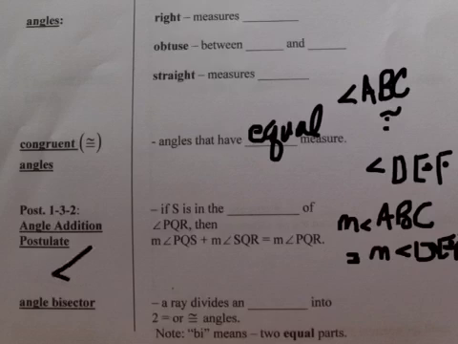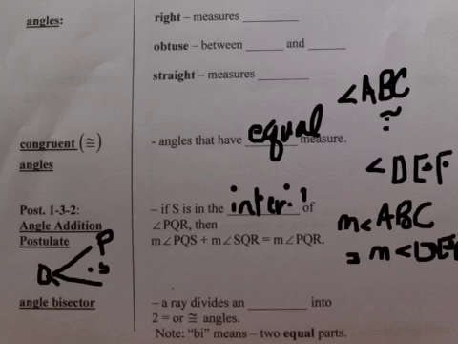All right, so now if we look down at the angle addition postulate, it says that if you've got an angle and a point in the interior, the word that goes in this blank is interior. Let's say this is point S, and I've got angle PQR. I draw a ray, and on that red ray, if that's point S, then PQS would be this angle.